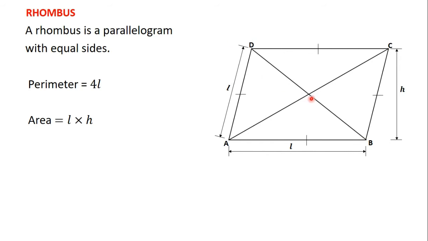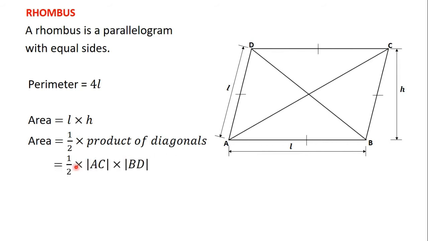If you are given the length of these diagonals, then the area of this rhombus is half times the product of the diagonals. That is half times the length of AC times the length of BD.